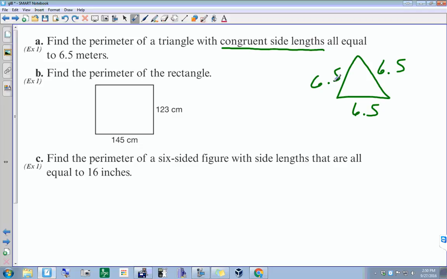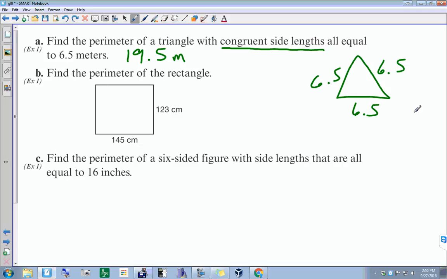Okay, so there you go. 19.5. So I get 19.5.